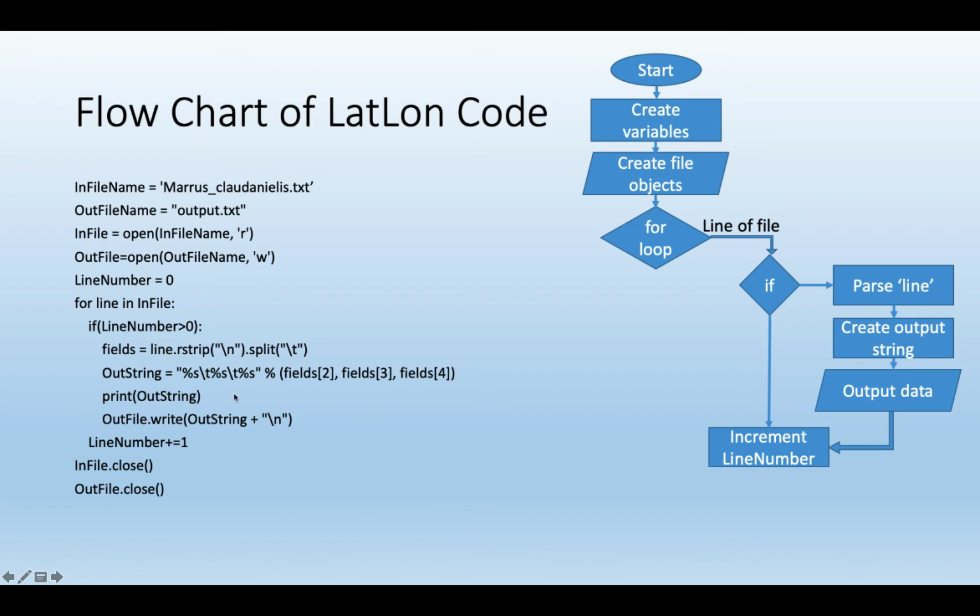So after the first iteration through this loop, we'll then be operating in this conditional state. It's just a little trick to help us avoid that header that's on the first line of this file.